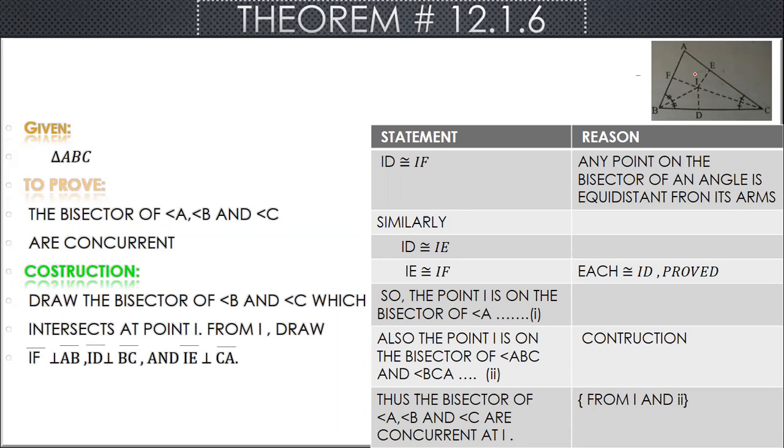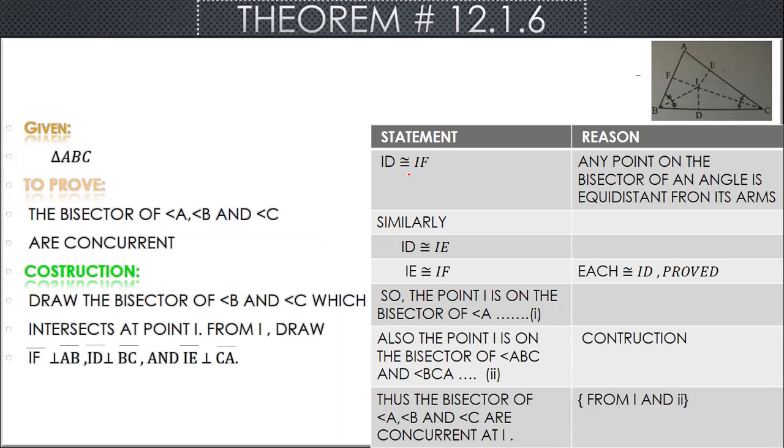In the construction, we draw two angle bisectors, of angle B and angle C. And we also draw three perpendiculars: ID on BC, IF on AB and IE on AC. Statement and reasons.